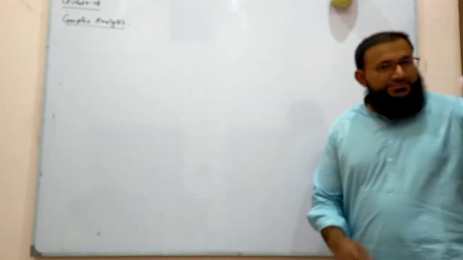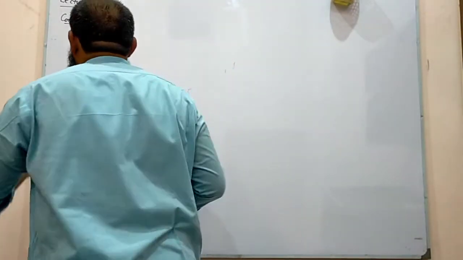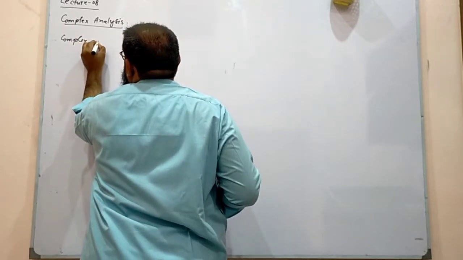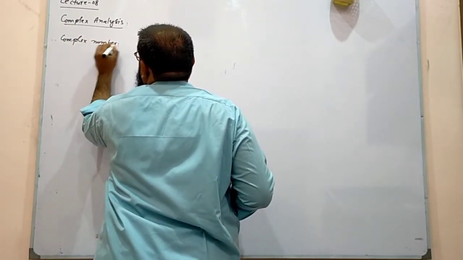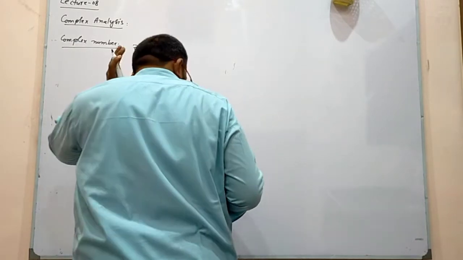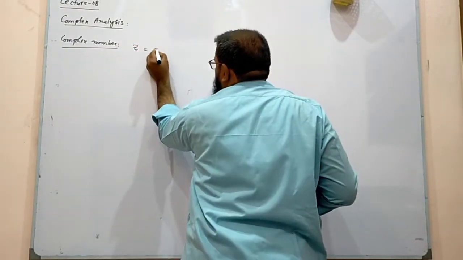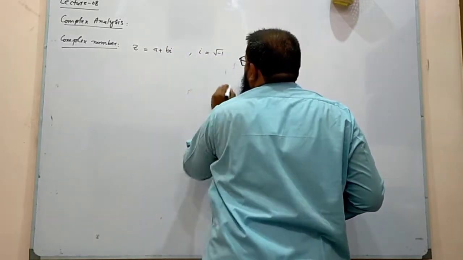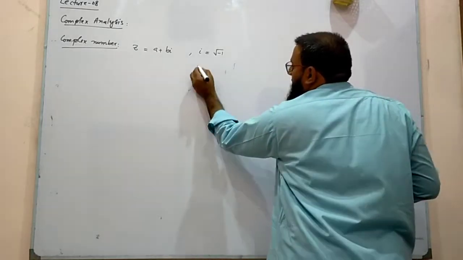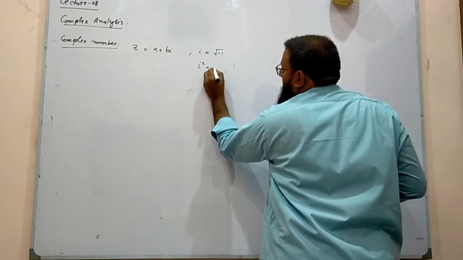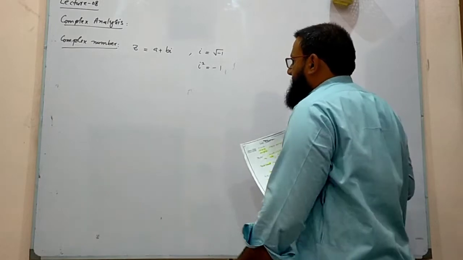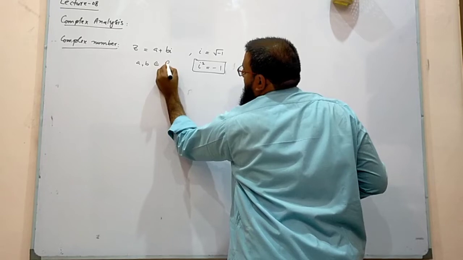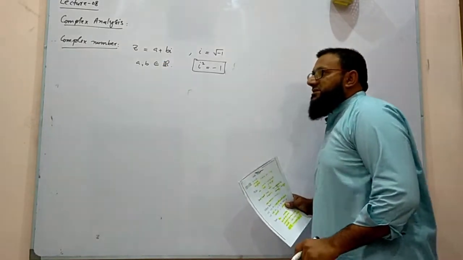So for example, a complex number is simply a number z which can be written in this form a plus bi, where i is the square root of minus 1, or in other words i squared equals minus 1, and where these a and b are from the set of real numbers.